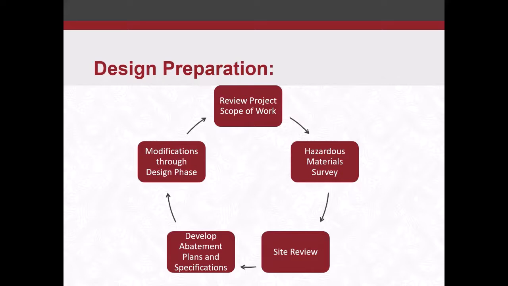And then, as I mentioned, there are modifications through the design phase. Things happen, especially when you're estimating costs for a project. You may see that you have to cut some things, which is a little easier to deal with. You can always cut the abatement out as well. But you might realize that you've got a certain amount of money for a project and you come in under that budget, and maybe we can get a few more things done.